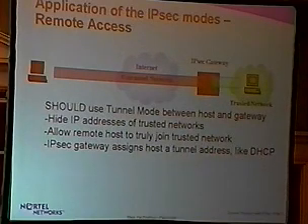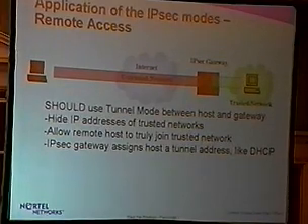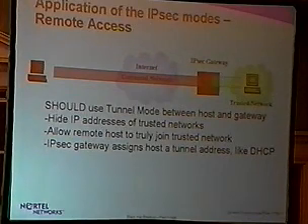The other mode that we talked about, or the other approach, is remote access. And in this case, you want to use tunnel mode in most cases. This allows you to assign an internal address to the client PC that can be used locally on the trusted network.